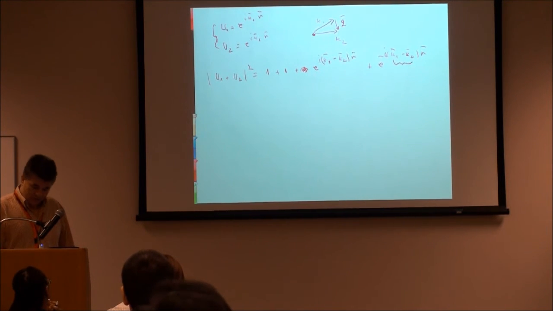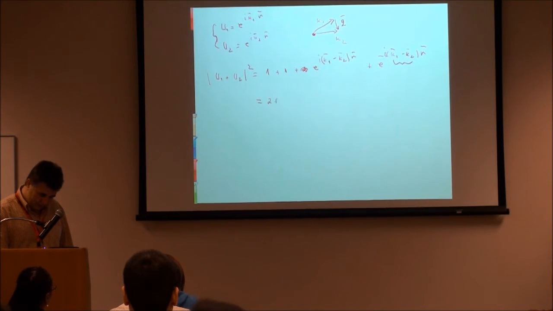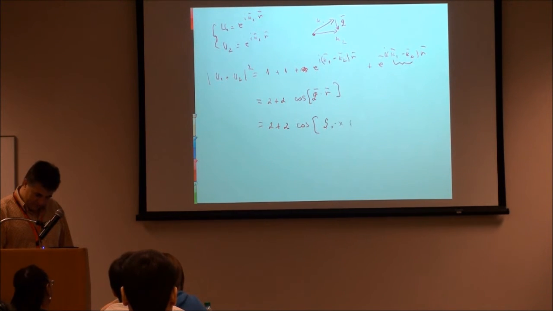Right? So if I expand this, I get something like 2 plus 2 times cosine of q times r. So it's 2 plus 2 times cosine of qx times x plus qy times y.